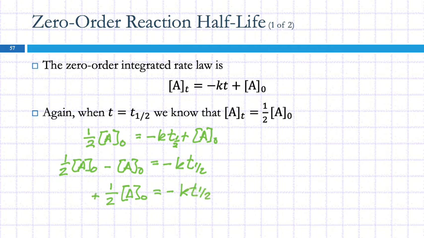So we can get rid of the negative signs. And so T1/2 is going to equal A0 over 2 times the rate constant. My A's are starting to look like deltas.